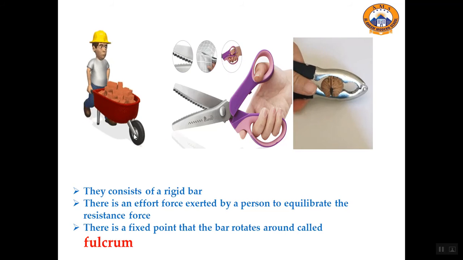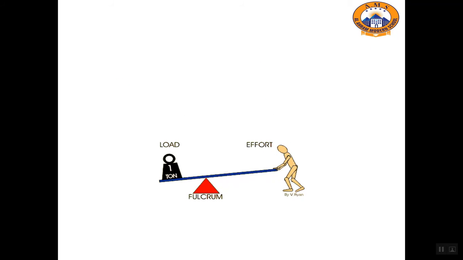So, to sum up, any lever consists of a rigid bar and it moves or rotates around a fixed point called the fulcrum. Also, the levers are affected by two forces.